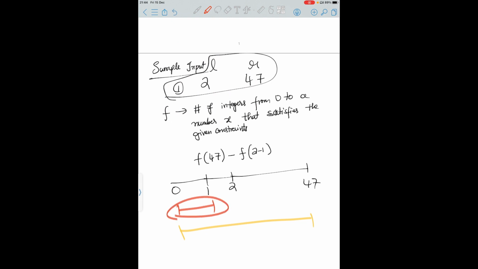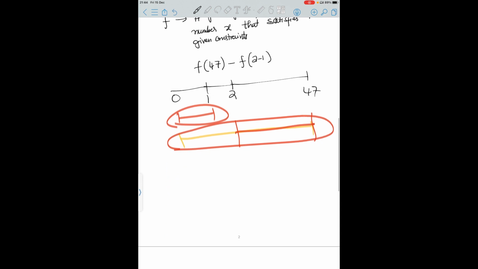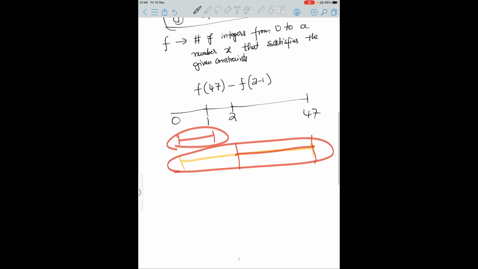If we subtract this from this one, then we simply get the answer from 2 to 47. So what we need to do is make a function f such that it does this. See the steps one after the other.